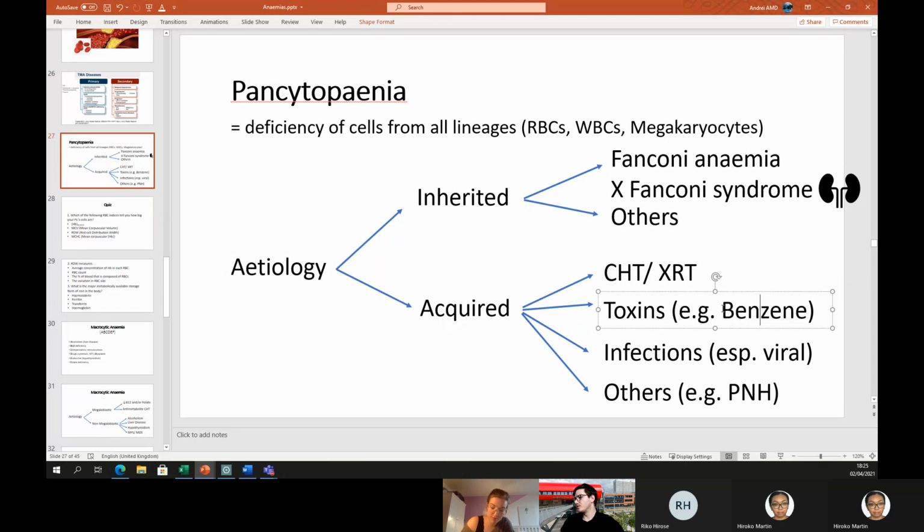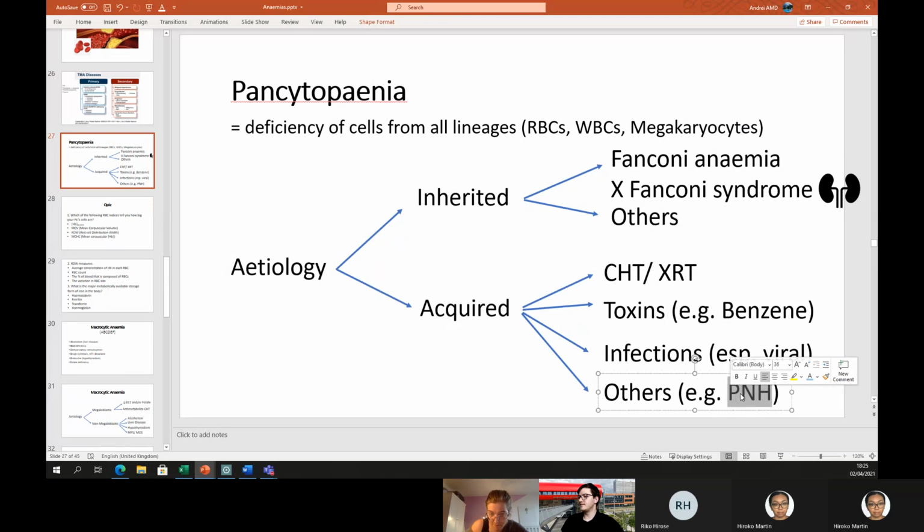So those people will probably get, besides pancytopenia, also cancers of the bone marrow and so on and so forth. Infections: some virus can make its way to the bone marrow, infect your cells, and then you get pancytopenia.